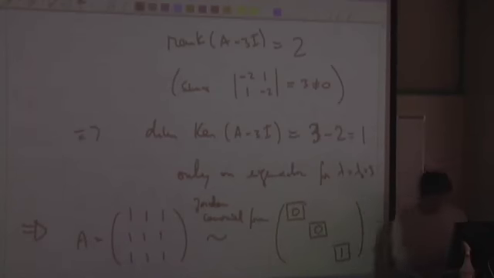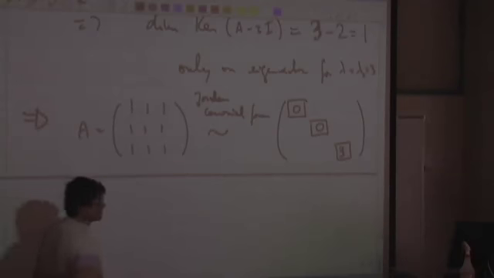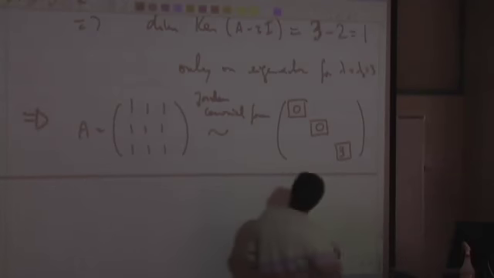This was 3, I'm sorry, I keep putting 1 here. So it's what we call diagonalizable. It's diagonalizable, so it has this expression.